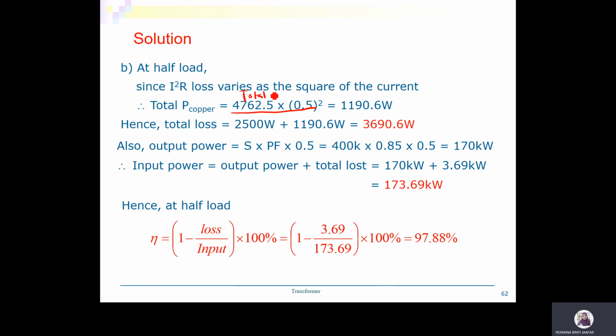Total P copper, which you calculated at full load, times R1 squared.